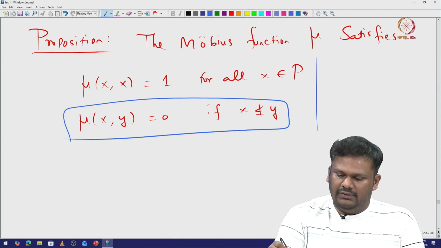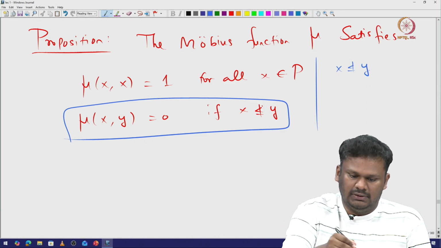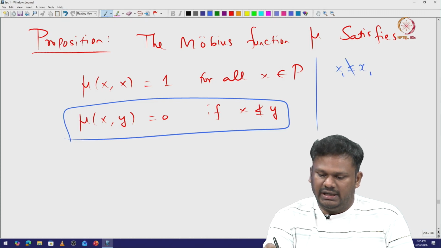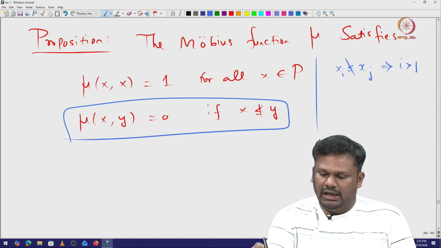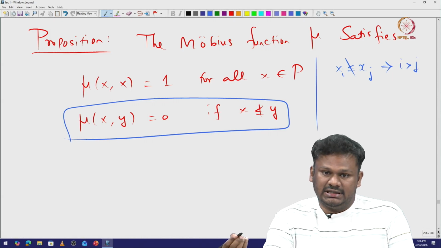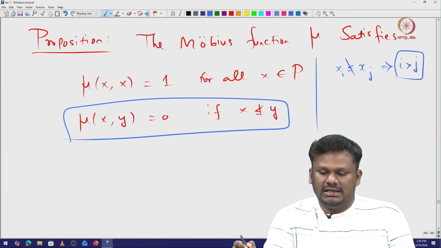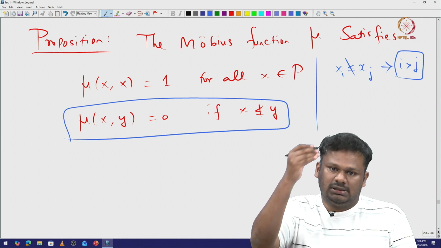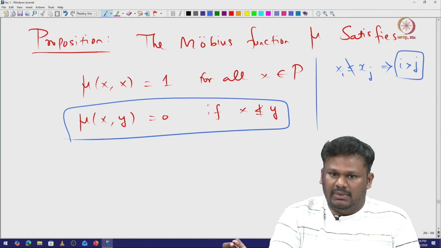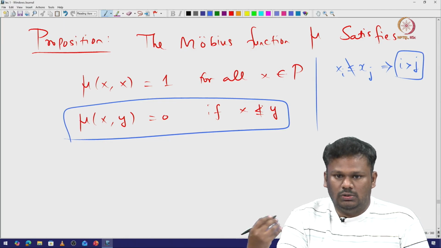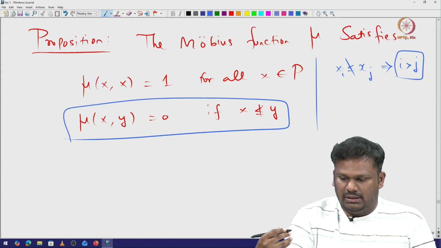Let us put it in the xi xj notation. If xi is not comparable with xj, then that immediately implies that i should be strictly greater than j with respect to the linear extension that we fixed in the beginning. So, the entry mu of xi xj appears below the diagonal in the matrix, so it should be 0, because the zeta function itself is upper triangular. So, the Möbius function also should be upper triangular.